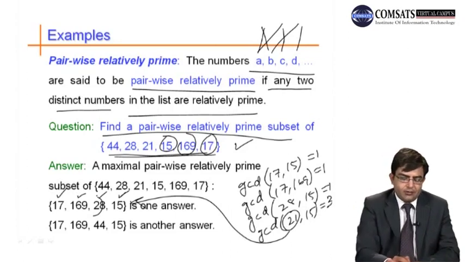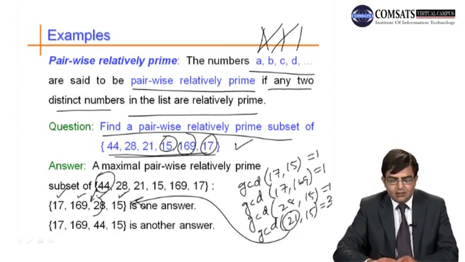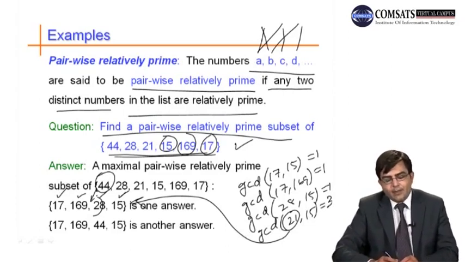Similarly, if we write 44 in this set, then the GCD of 44 and 28 is not equal to 1. So 44 and 28 are not relatively prime.